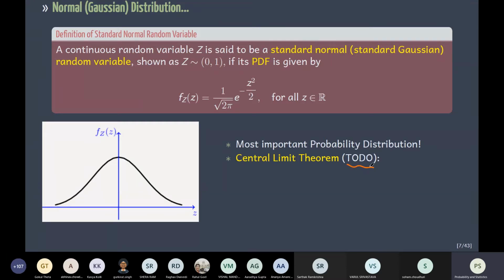Before going to the central limit theorem, we have to do sequences of random variables. I hope you have brushed up your sequences and series by now. So far we have seen one random variable and functions of a random variable. Then we will go to multiple random variables.